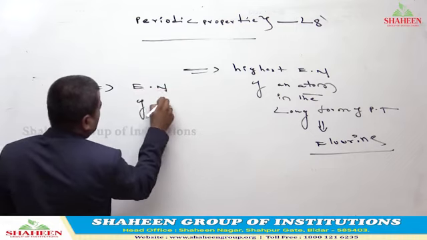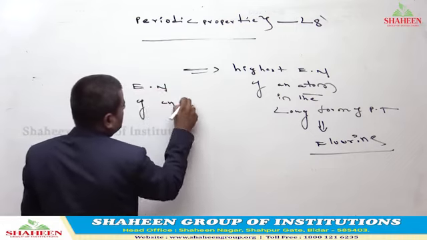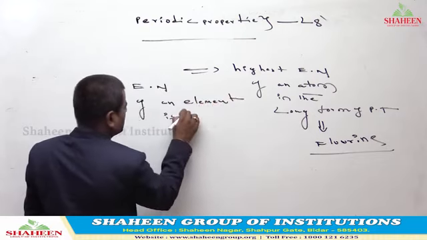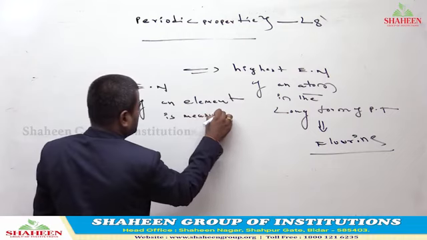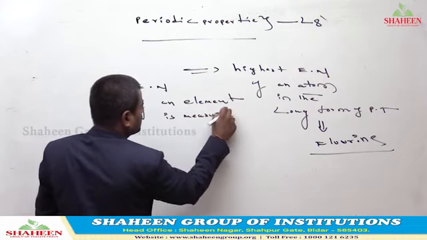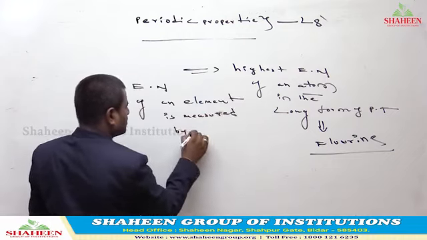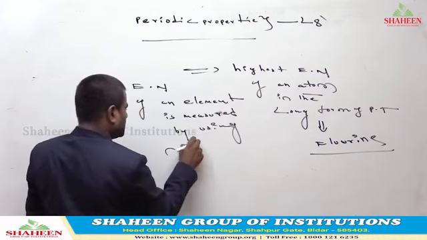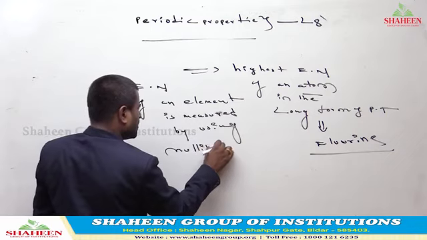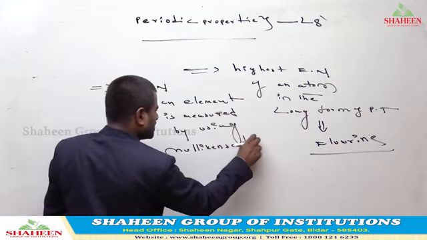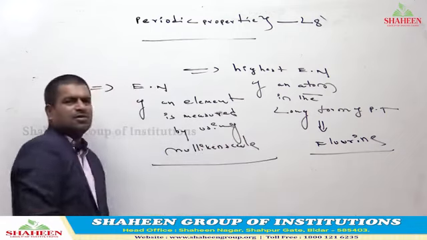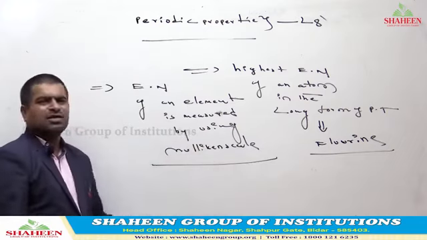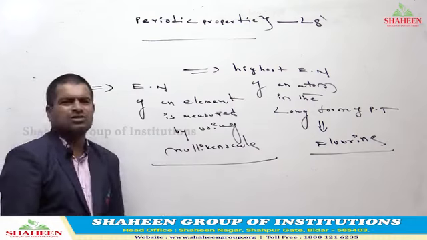Electronegativity of an element is measured by using one scale, it is called Mulliken scale. Mulliken is the name of a scientist. Electronegativity of an element is calculated by using the Mulliken scale.